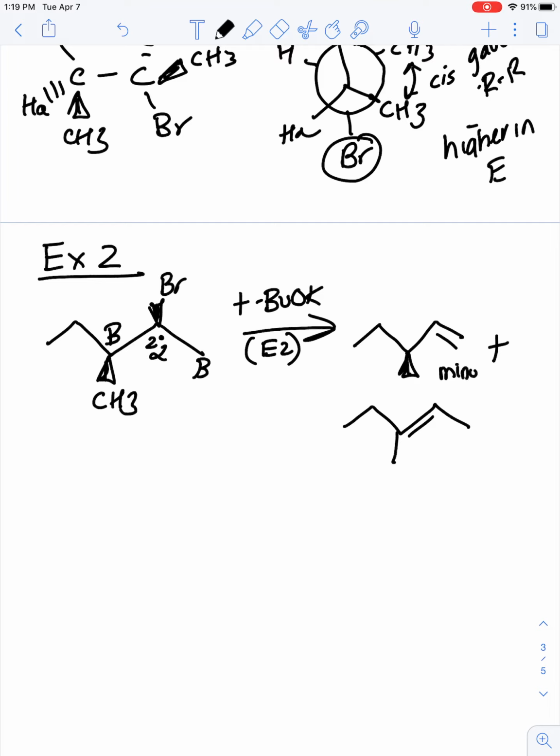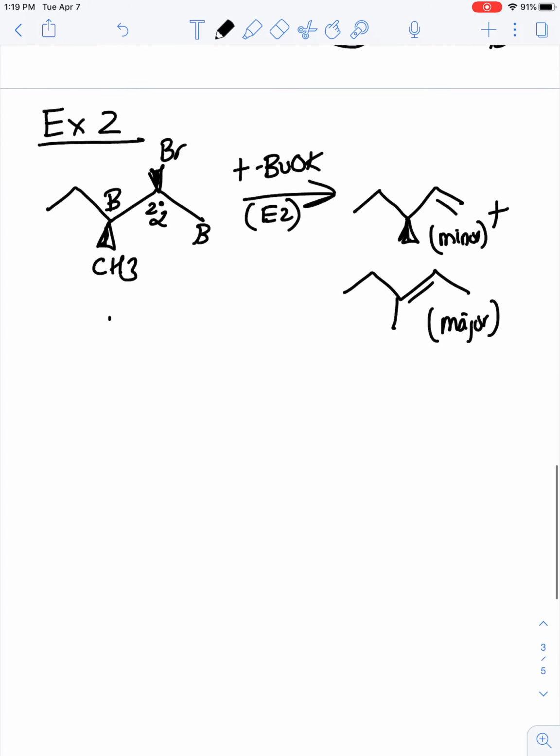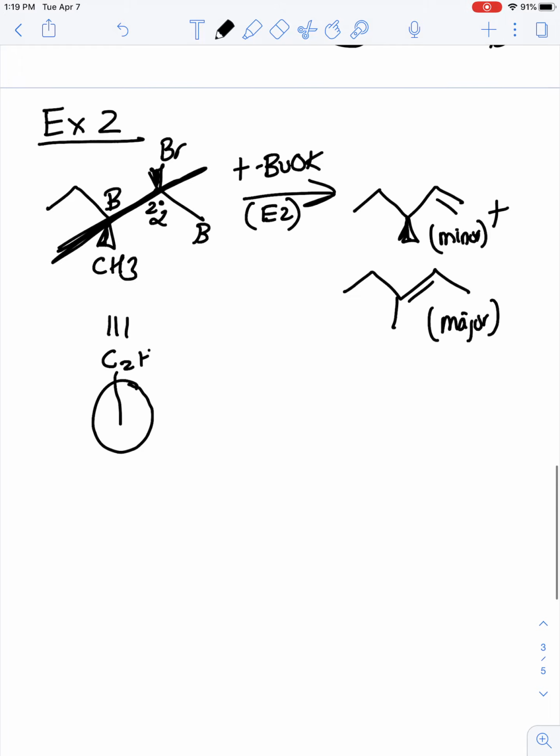So this is going to be our minor product, and this would be our major product. When we draw the Newman projection of this molecule, we're looking down this bond right here. So C2H5, we have hydrogen, and we have a methyl.